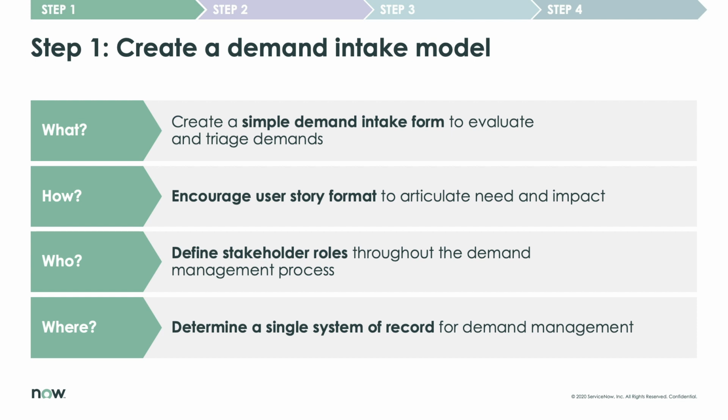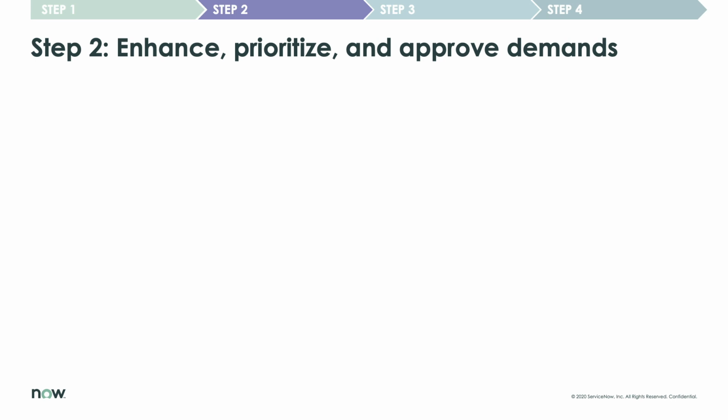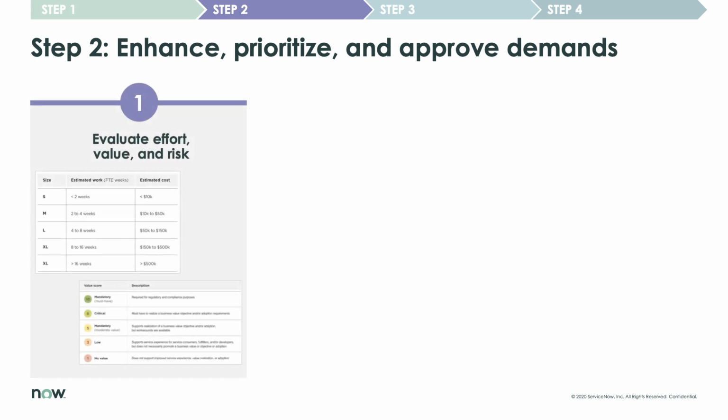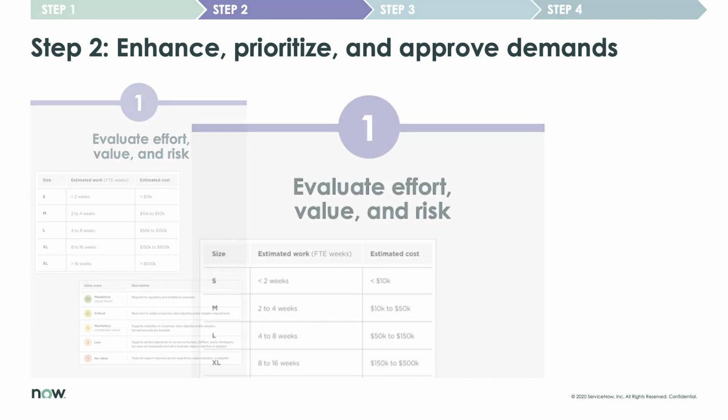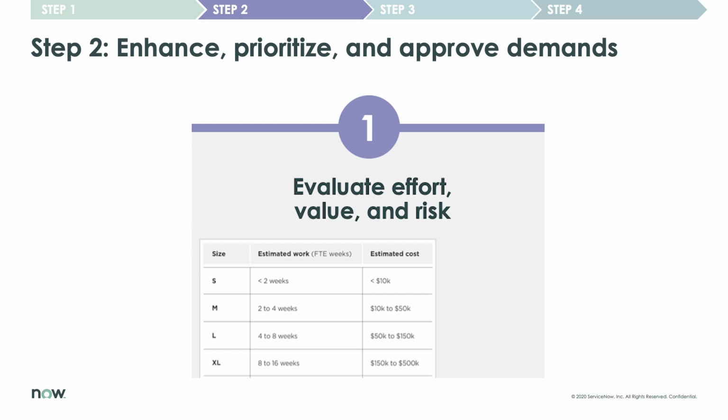With a demand intake model in place, you have the foundation necessary to begin thinking about how you will enhance, approve, and prioritize demands. Assess the value, effort, and risk associated with the demand. Effort can be FTE hours, estimated cost, sprint points, or whatever makes sense for your organization.